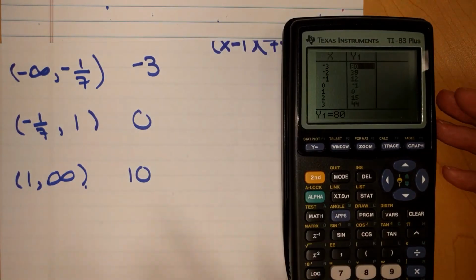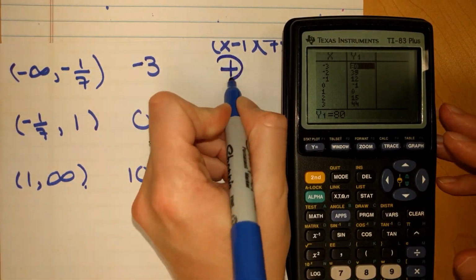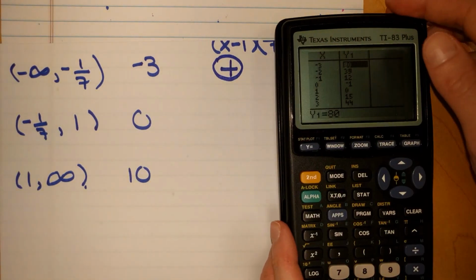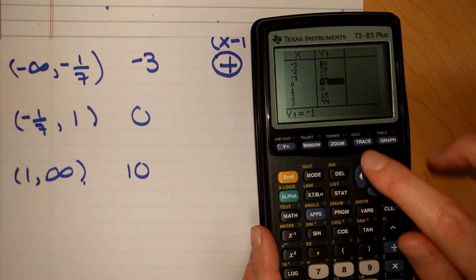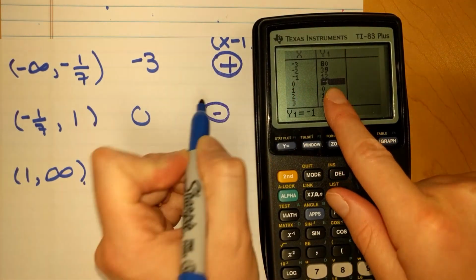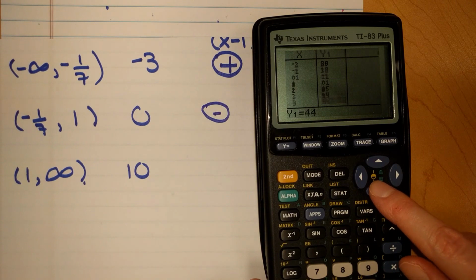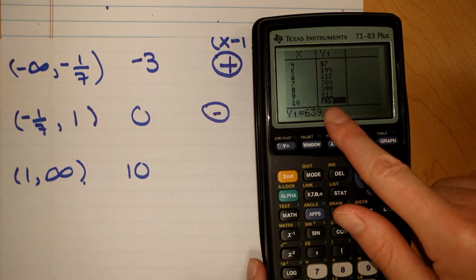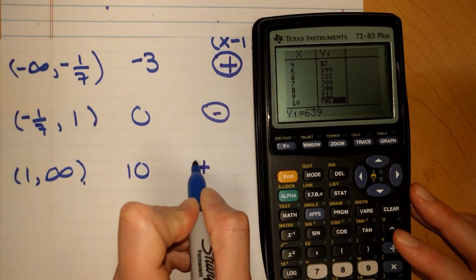In this case, my y value is positive, and that's the same as plugging into the original function. Then I could cursor down to 0, and at x is equal to 0, we have -1, so that tells us it's negative. And then I could cursor down to my other sample point of 10, which tells us that it's a positive 639, so we have a positive.